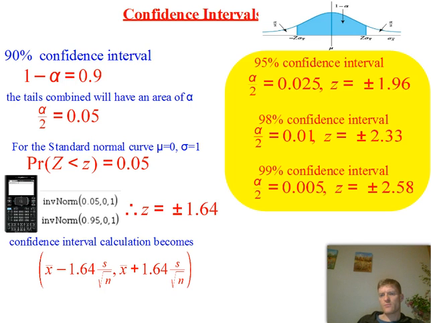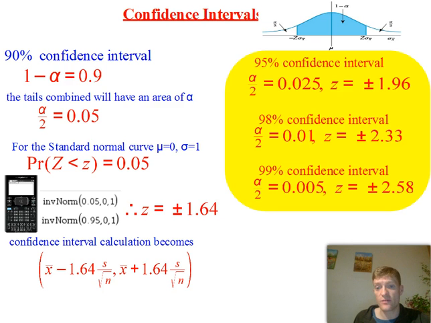Now, let's review in general some of those Z multiple numbers of the standard deviation for different confidence intervals. So if we look at a 95% confidence interval, which is quite a common one, then the half tail area is going to be 2.5%, and it corresponds to this Z-score number, 1.96.